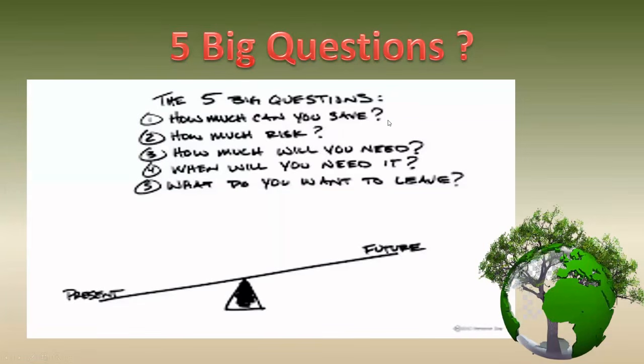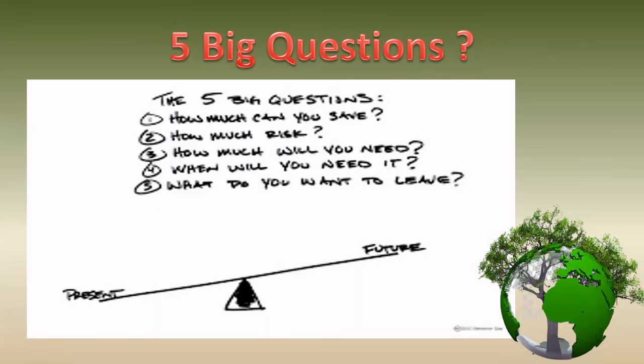That is, how much can you save for the next generation? How much risk? When we are using these resources, what is happening to the environment? What is the risk? How much will you need? When we are thinking of using these resources, how much will you need? Then only, according to the need only, you have to use the resources.